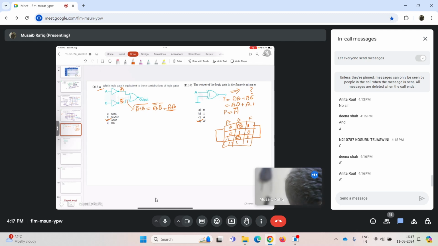When your A was 1, your F was 0. So you can say that XOR gate, XNOR, behaves as a NOT gate if one of the inputs is 0, right? It behaves as a NOT gate.